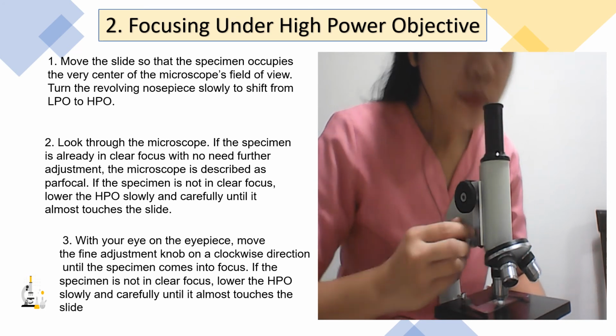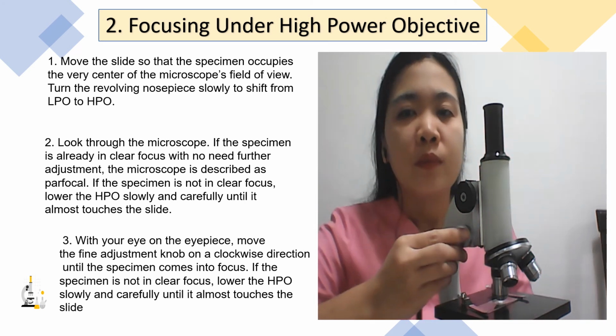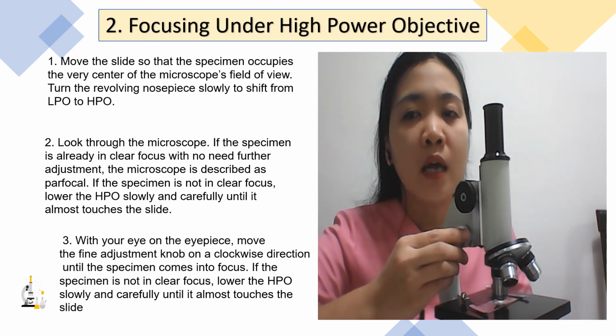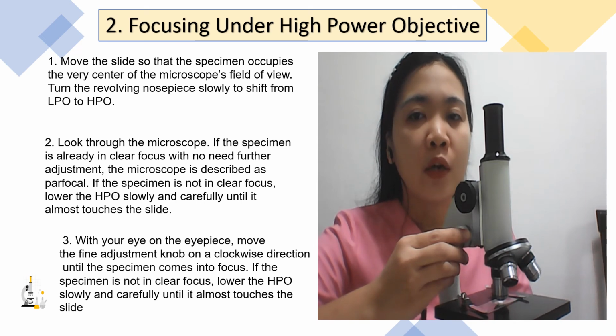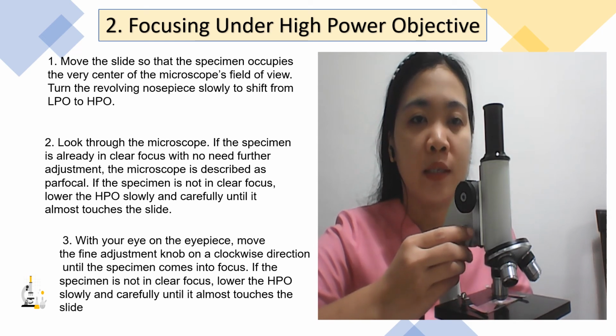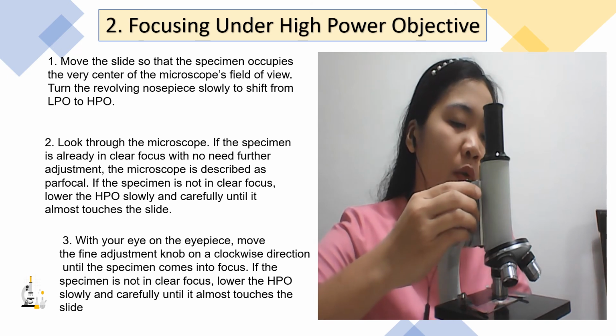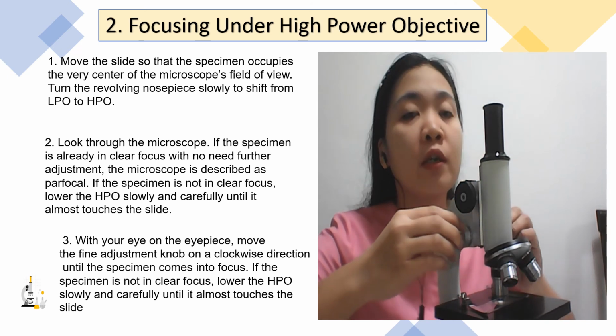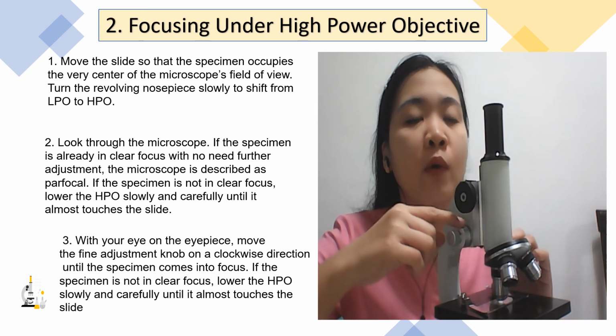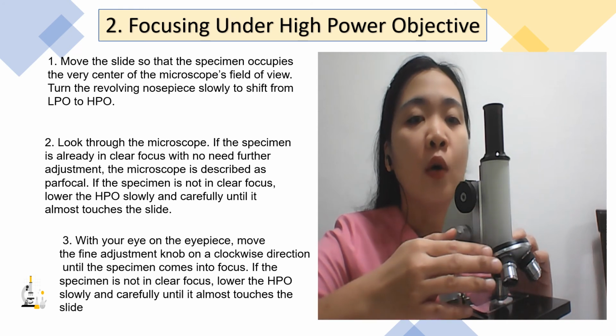And then, if the specimen is not in clear focus, lower the HPO slowly and carefully until it almost touches the slide. So you need to adjust the fine adjustment knob if you are focusing the high power objective.